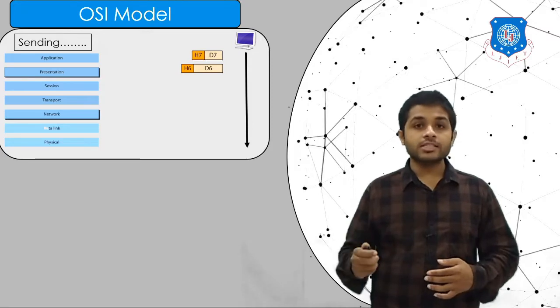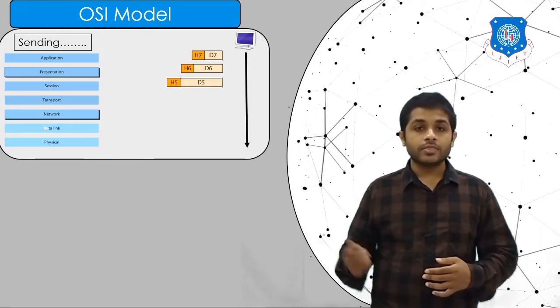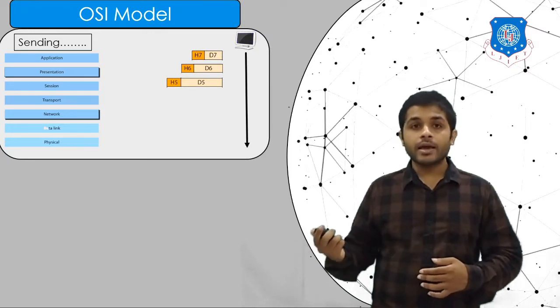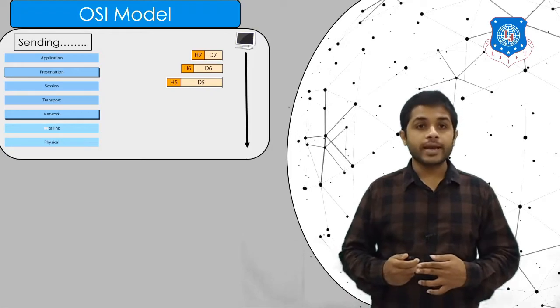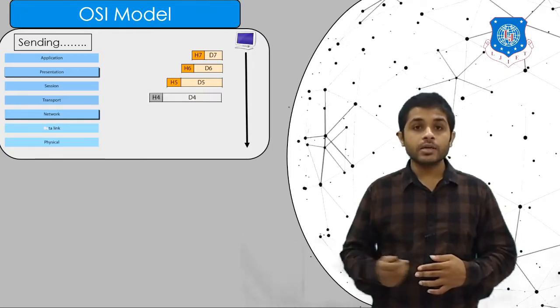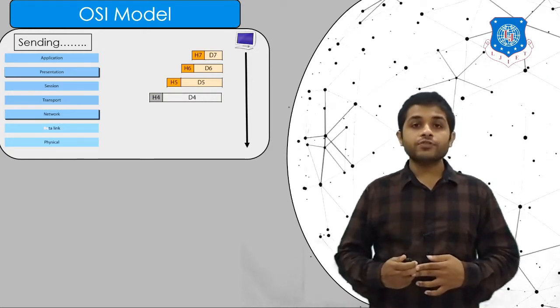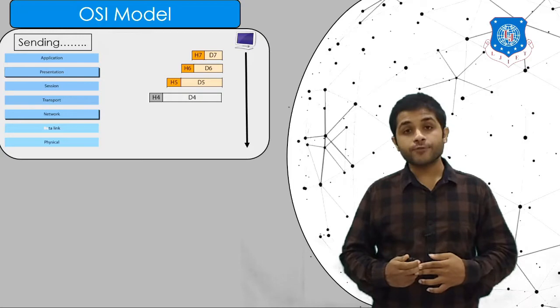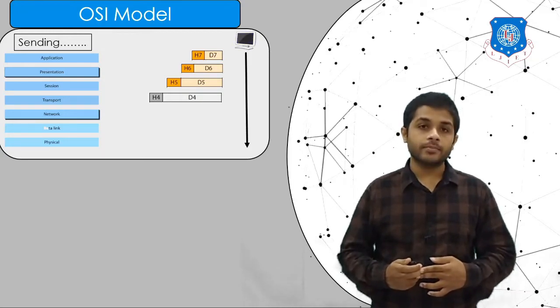Then H6 and D6 will be passed to the session layer. There it will become D5 and the session layer will add H5, which is the header for the session layer. After that, H5 and D5 will be encapsulated at the transport layer, becoming D4, and the H4 header will be added.